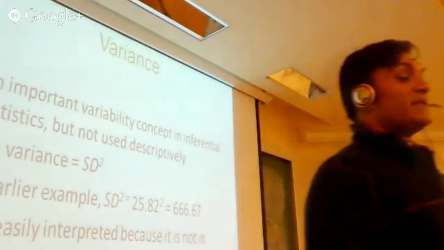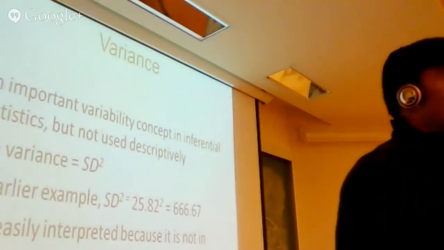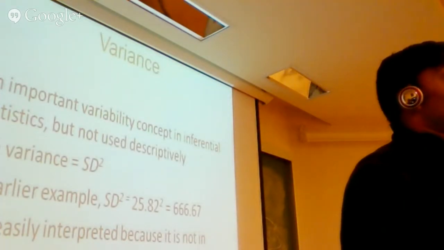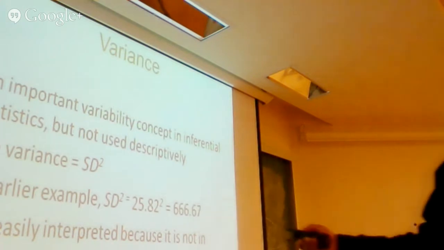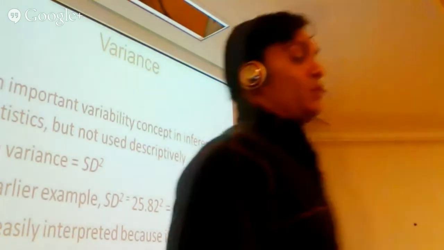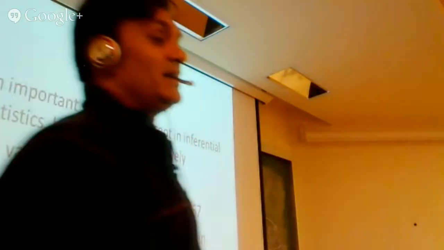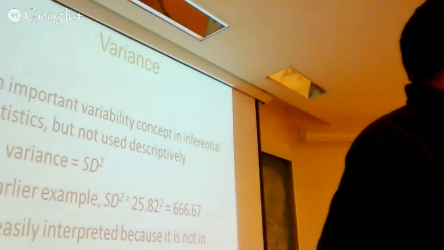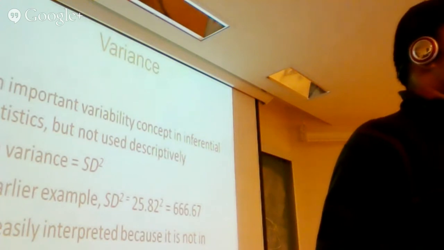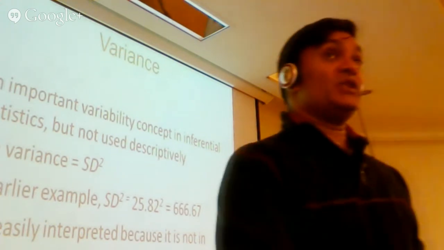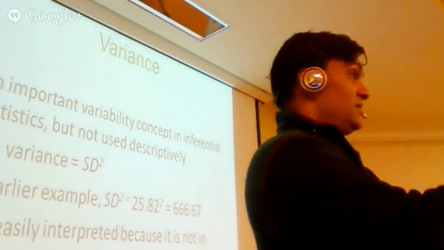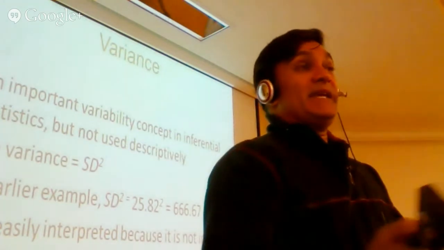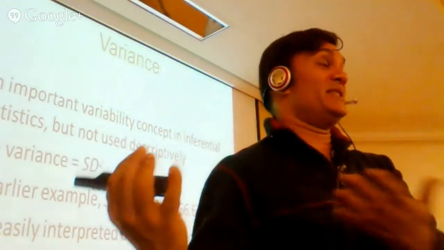So variance, I mentioned, is just the square of a standard deviation. So in the example I just gave you, a standard deviation was 25.8. The square of that is 667. It's not as easily interpreted. It doesn't have a real world representation. When I said the standard deviation was the typical distance from the mean, in the case of the example I just gave you, it's in pounds.